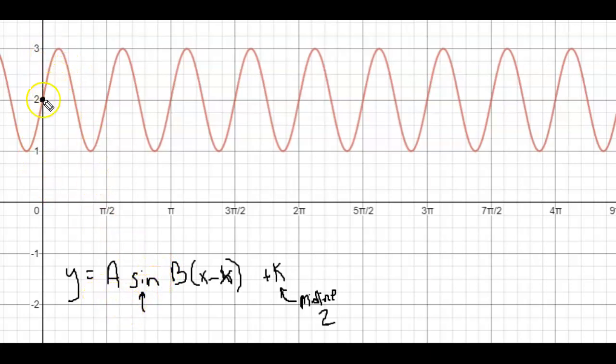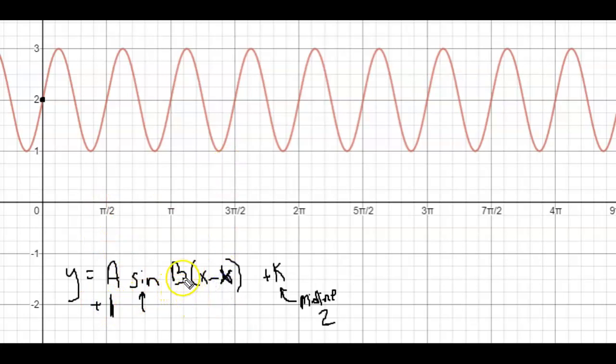It also lets me see that the amplitude from the midline to the top and from the midline to the bottom is 1. So I know that my amplitude is 1. I also notice that it's going up right from the get-go, so that tells me that it's positive 1. It didn't get flipped over. I don't have a phase shift.